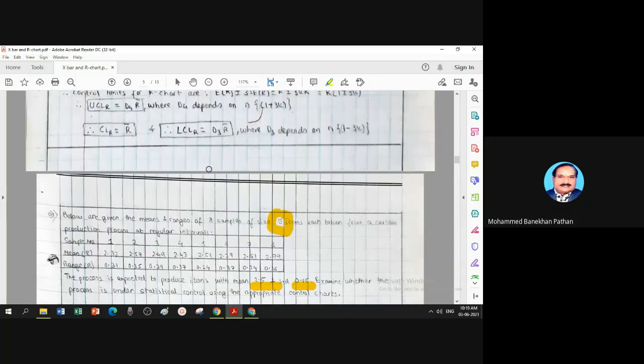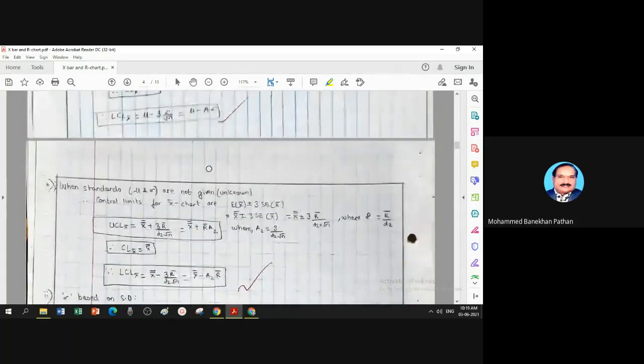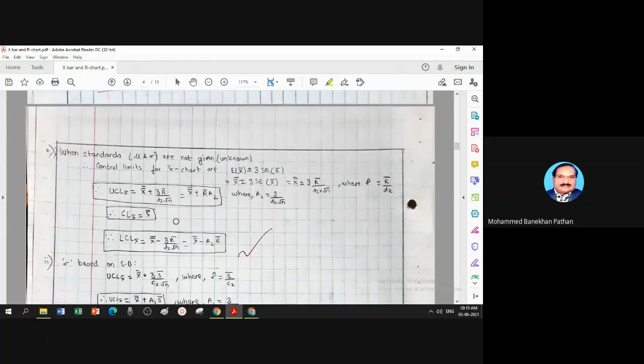So what I do is put these values in case number 1. I will replace the value of mu, I will replace the value of sigma, and A is obtained from the statistical table. So you get the upper control limit for X bar, the central limit for X bar, and the lower control limit for X bar.